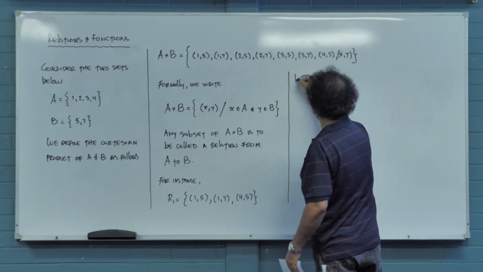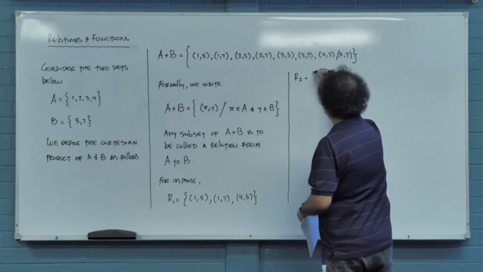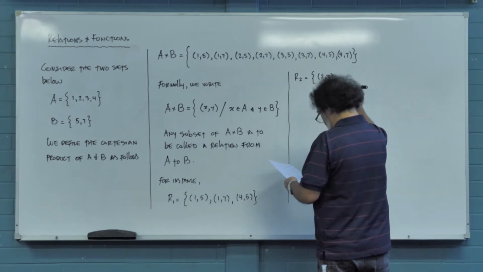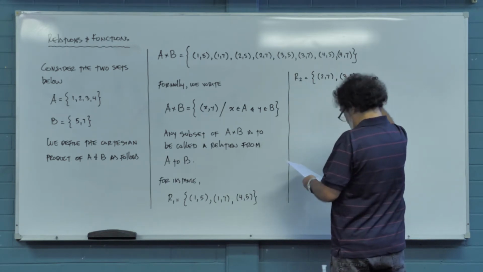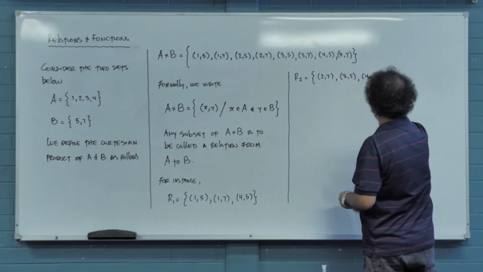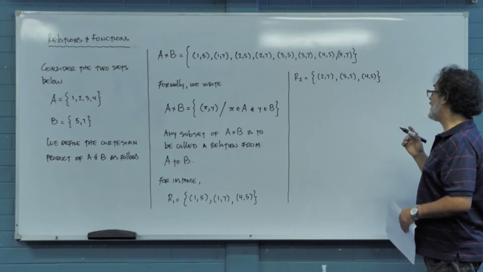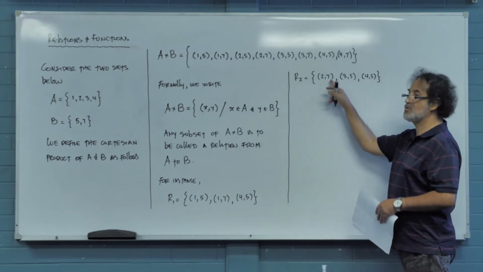Another relation, we're going to call that relation 2. We can have (2,7), (3,5), and then (4,5). At this point, we're going to say that there is a relation between these two numbers.